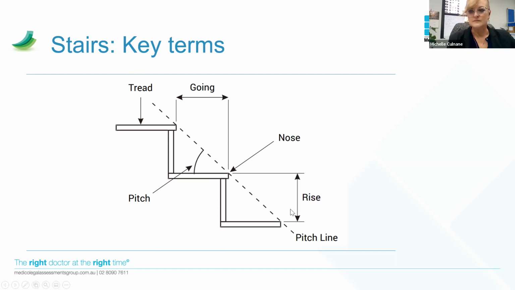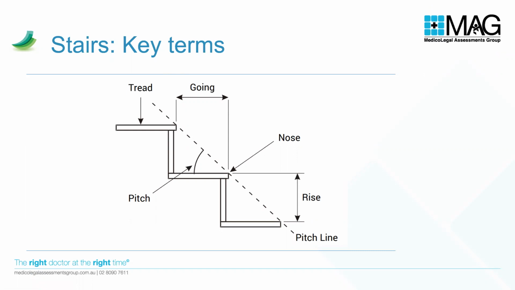The third is the rise or riser, which is the vertical distance between the steps. These terms are used throughout industry, through our building codes and standards, so it's good to be familiar with the terminology when reviewing expert reports and so forth.